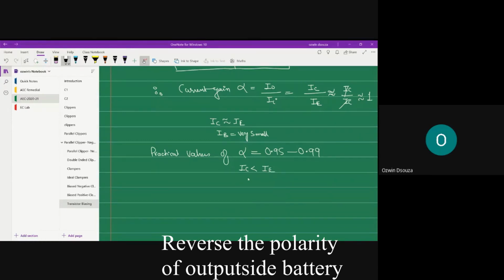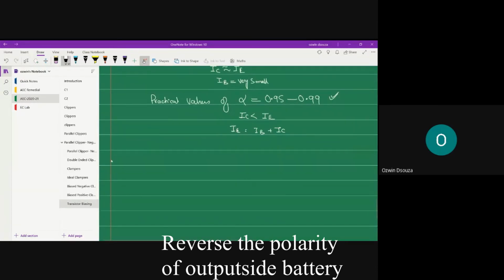You know that IE is IB plus IC, so the emitter current is slightly greater than the collector current. Since the emitter current is in the denominator, the ratio will be very close to unity. Ideally unity, but practically very close to unity. So the normal range is 0.95 to 0.99.